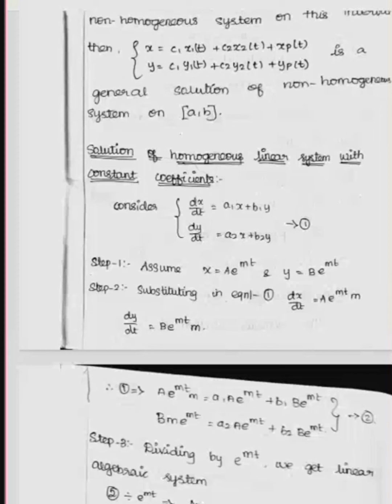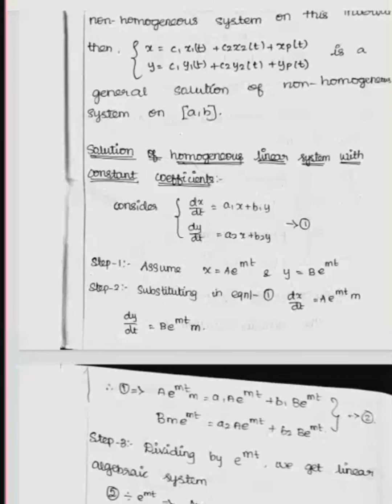A is a constant here. E power mt with respect to t is e power mt into m, the coefficient of t. Normally e power 2t differentiates to e power 2t into 2. Likewise here, e power mt into m.